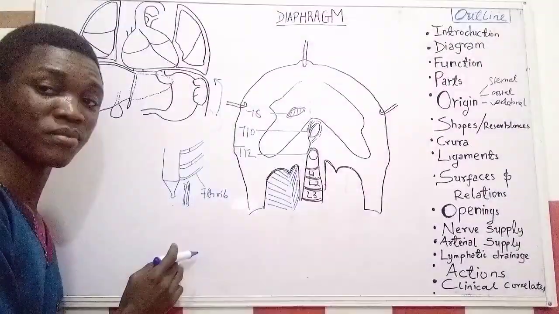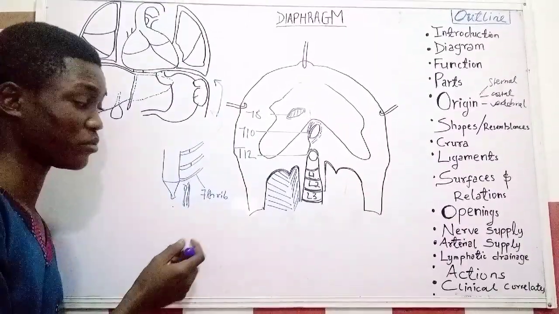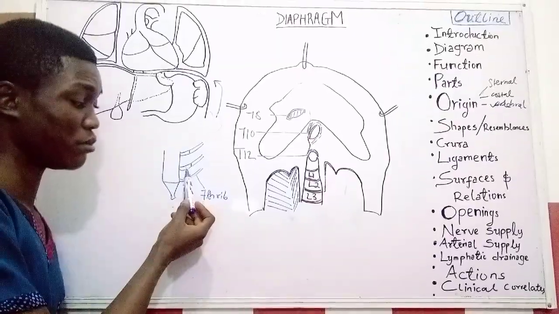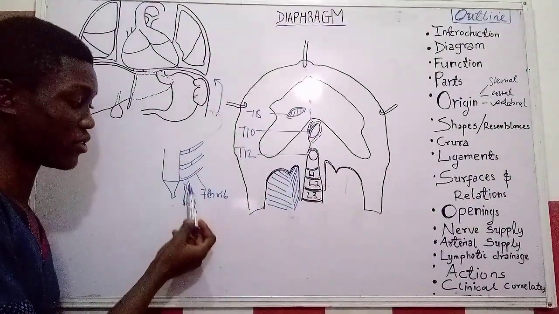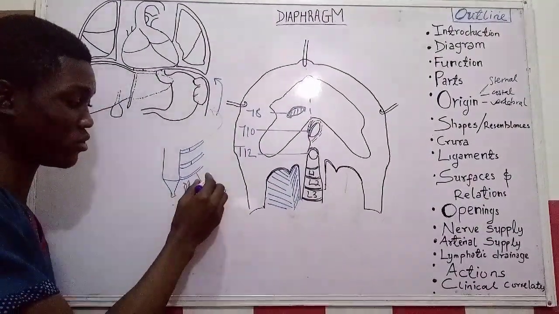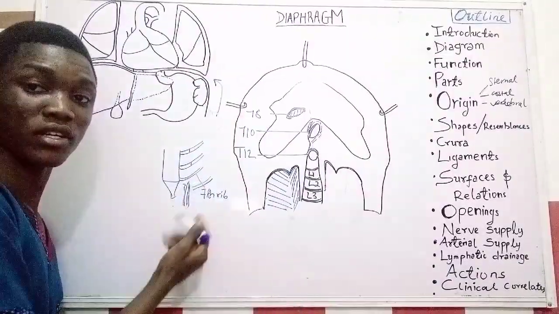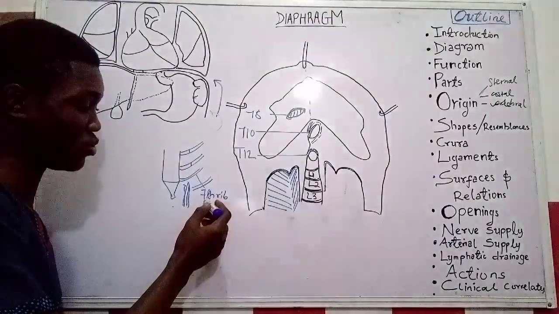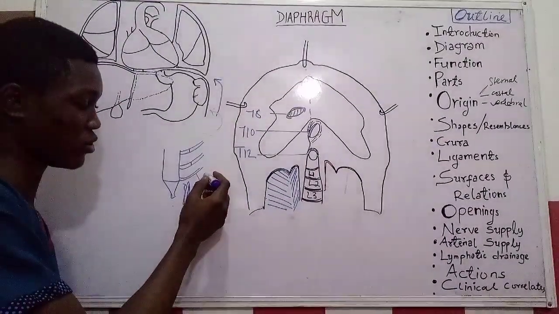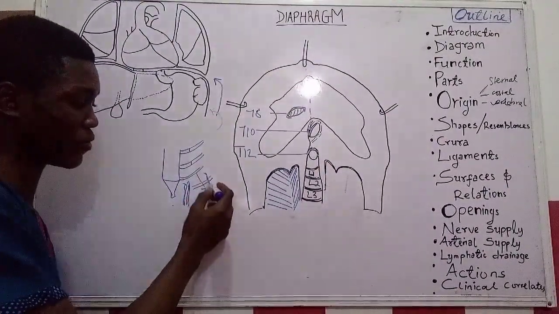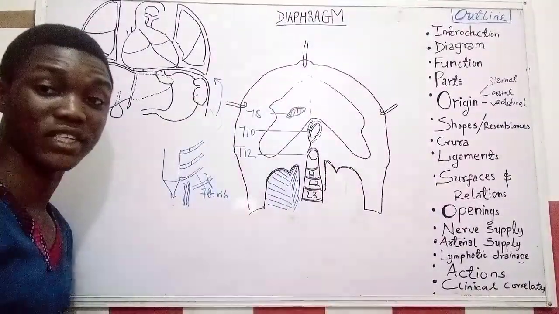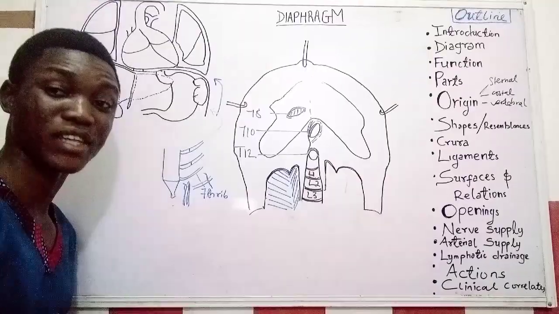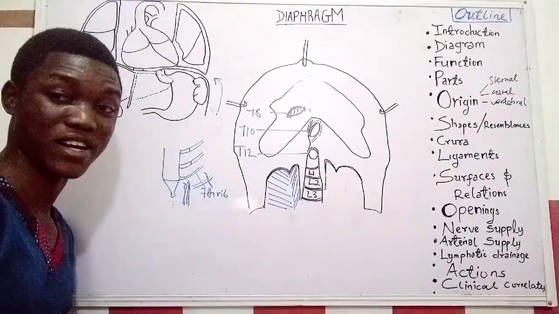Okay. So we also have a slit between the 7th and the 8th rib. This is the 8th rib here. So between the 7th and the 8th rib there is a structure passing between them. This is the musculophrenic vessels, which is a terminal branch of the internal thoracic artery.